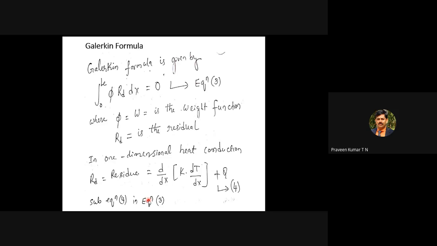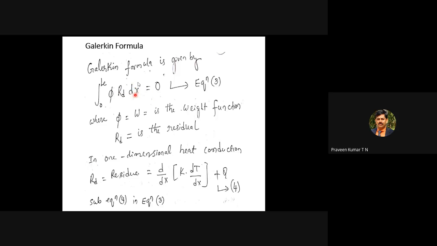Now you are going for the Galerkin integral. In the case of the Galerkin integral, you have already studied this. Because it is one-dimensional heat transfer, dV is replaced by A into dx. But the area you are taking as 1 meter square, hence no area term comes into the picture.